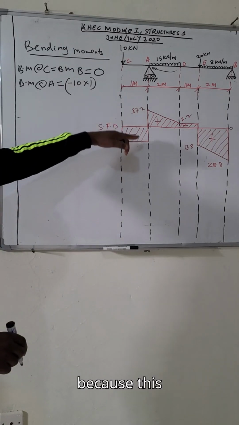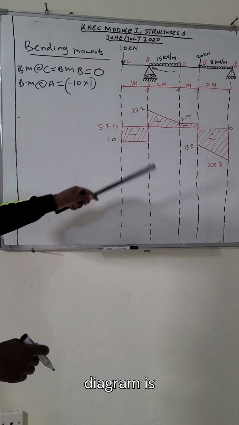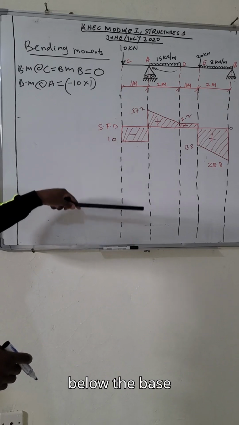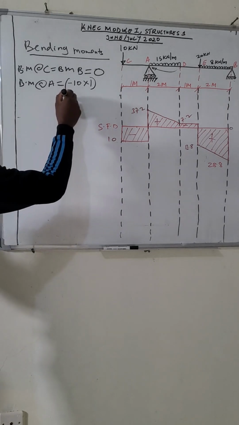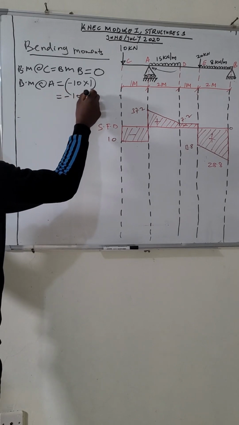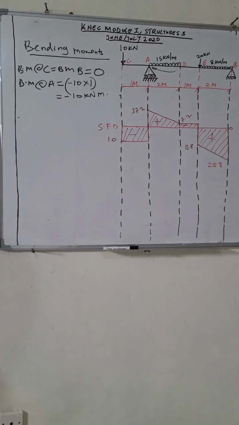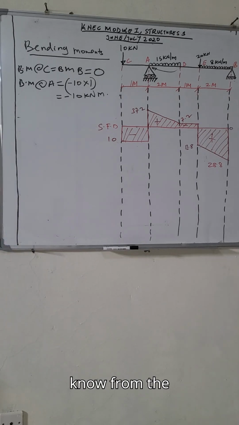Because this diagram is below the baseline, and they said shear force diagram below the baseline is negative. So the answer is negative 10 kilonewton meter.